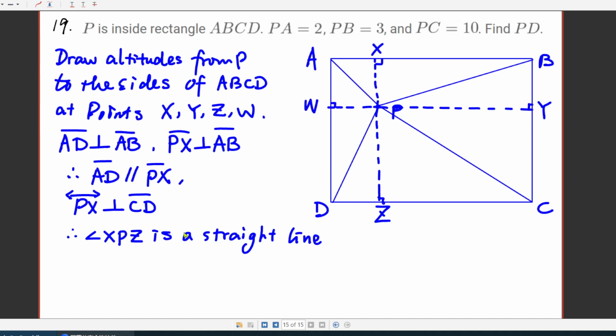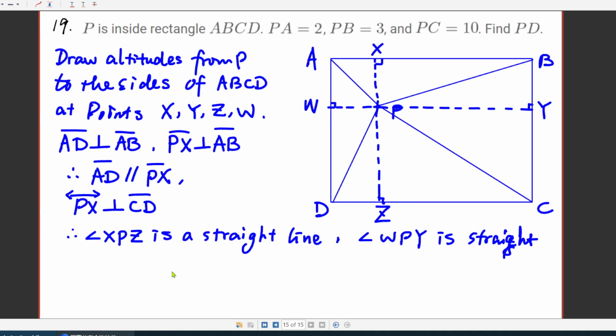So in this way, we have proved XPZ is a straight line. That means XPZ is collinear. And similarly, angle WPY is also straight, right? Which means WPY is collinear.